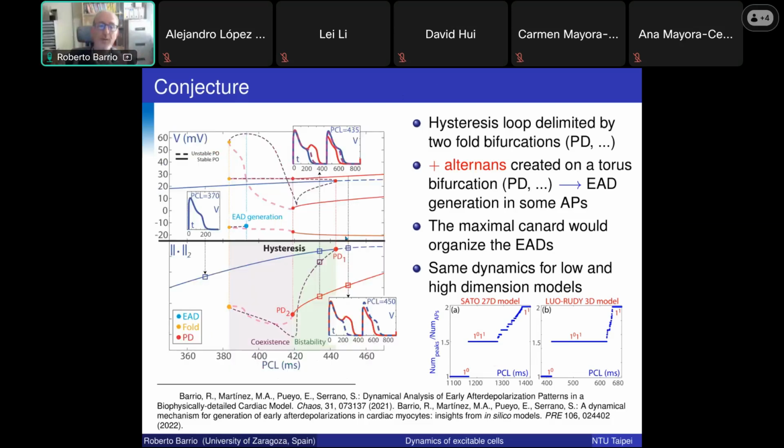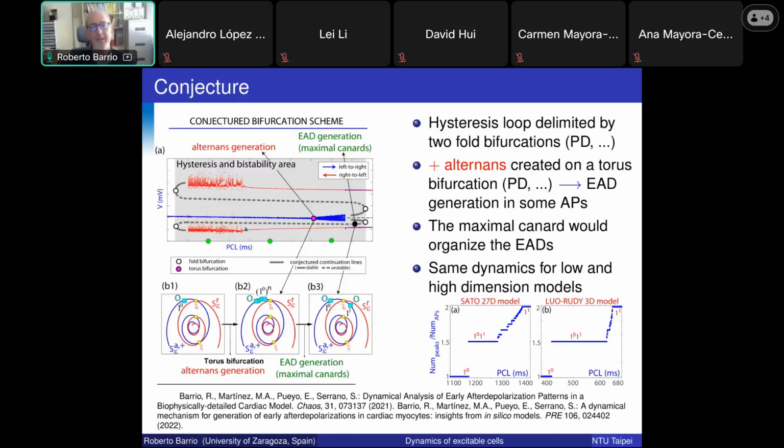If we go to numerics and continuation techniques and some analytics in the 3-dimensional model, we are able to compute the unstable branch. We are able to detect where this extra EAD, this extra spike, begins to appear. That means with the low-dimensional one, we really observe all these phenomena related with the 27.